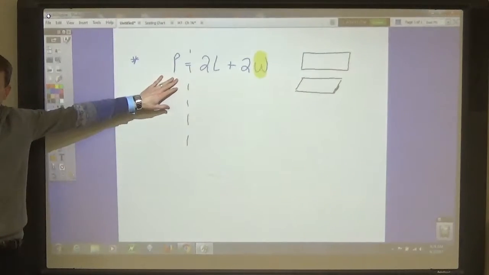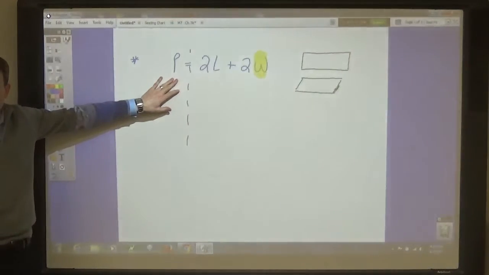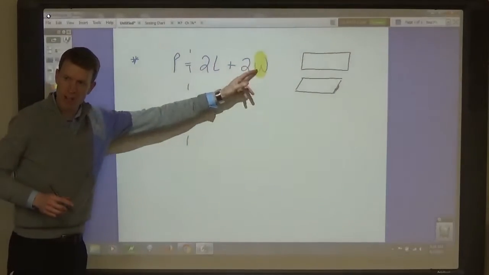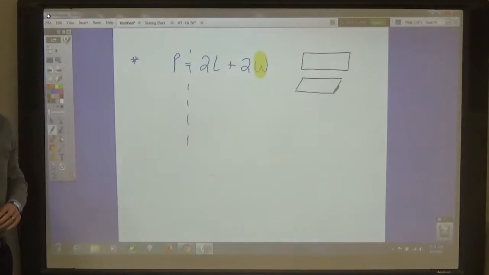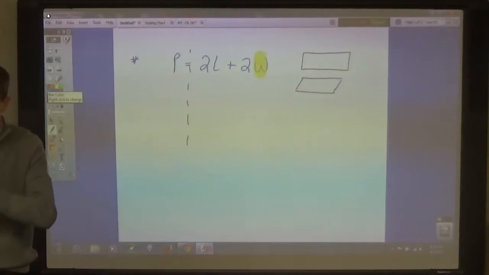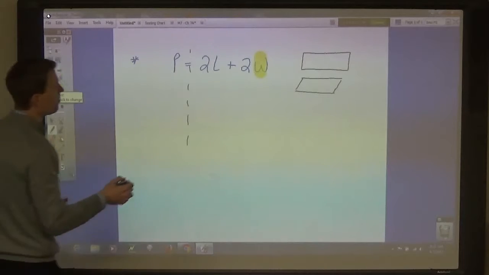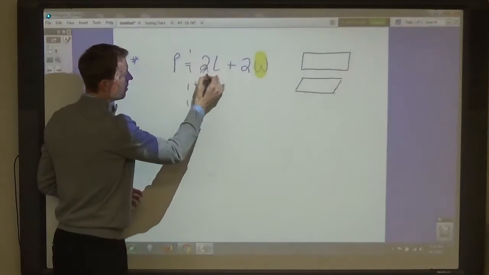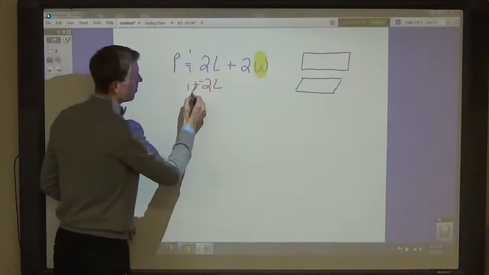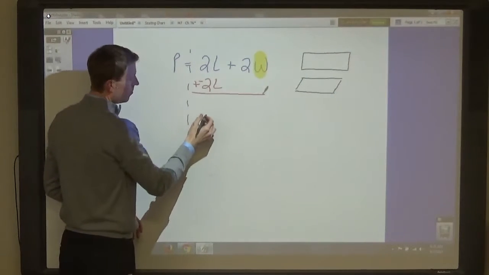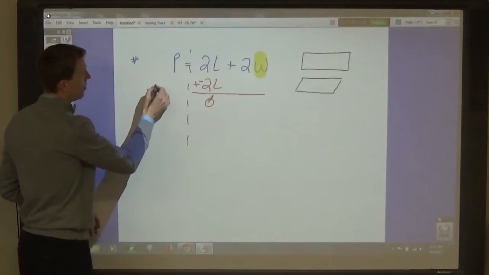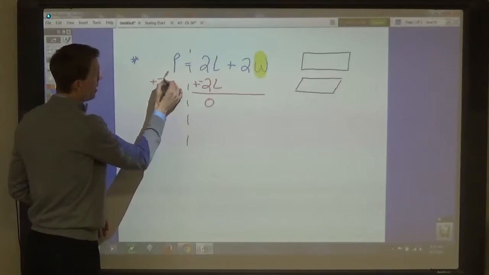So we're going to solve it for W. We have to get rid of everything on the right side except for the W, so we'll add to eliminate something. Should we add negative 2L? Yep, add negative 2L. This side is 0, and on this side we add negative 2L.